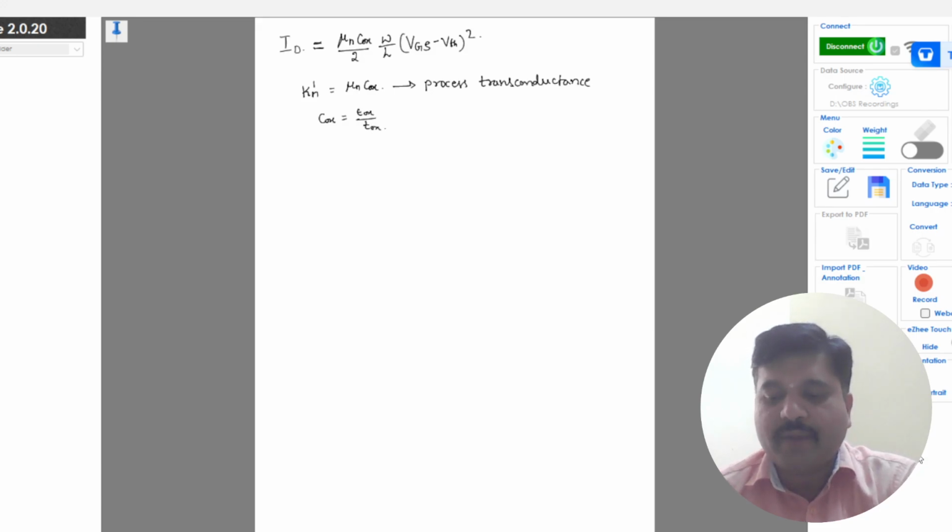These are the parameters which are dependent upon the fabrication process. So this μn COX is hence called the process transconductance.